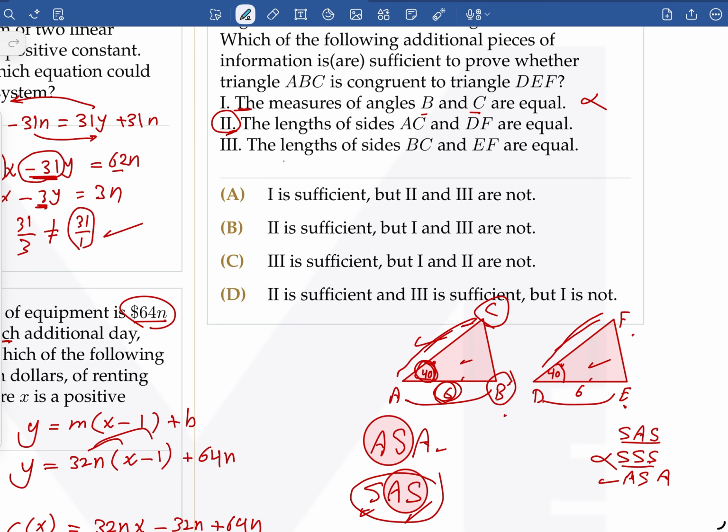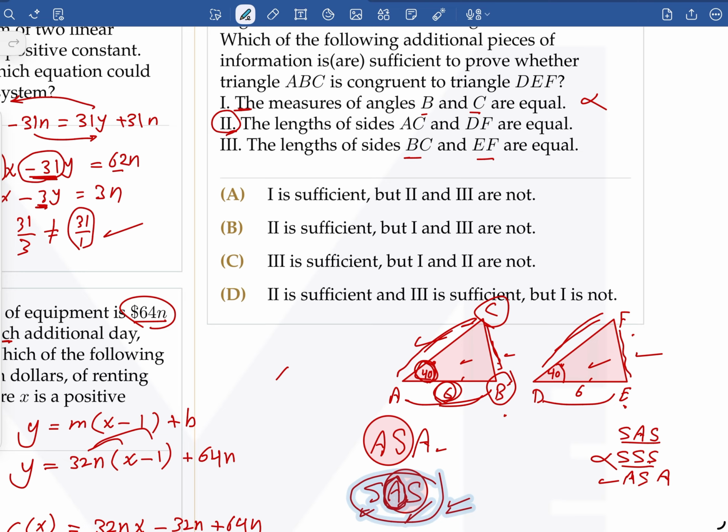What about the last one? The length of sides BC and EF are equal. BC and EF, no, they cannot be considered an answer, because if you want to use SAS, the angle must be between the two sides, not after them.